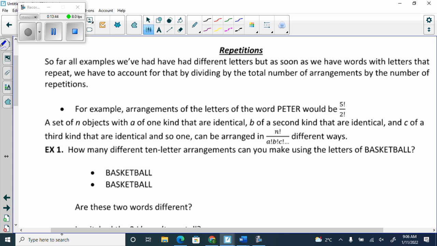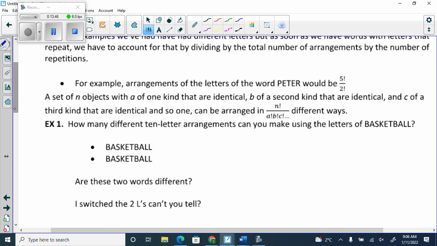Are these two words different? No. I switched the two L's. Can you tell? No. I literally went back, deleted the L's, and retyped them. Actually, I took the L's from the other one, copied and pasted them in opposite order.